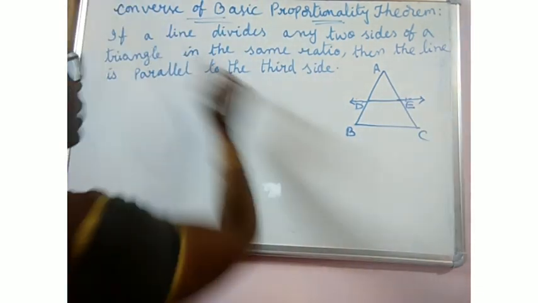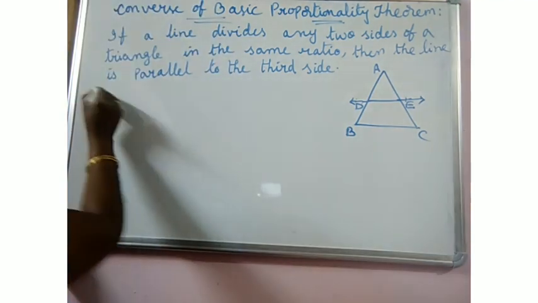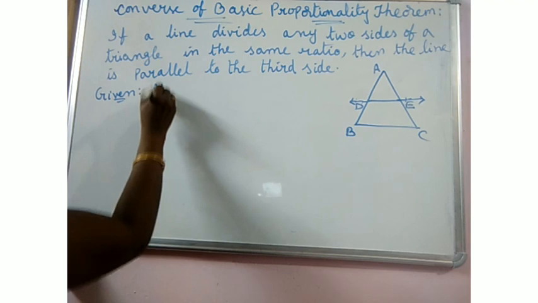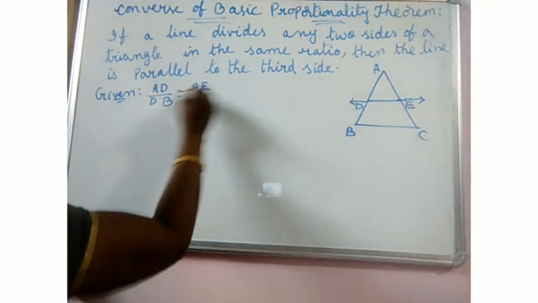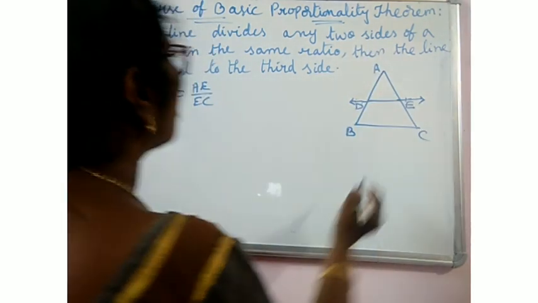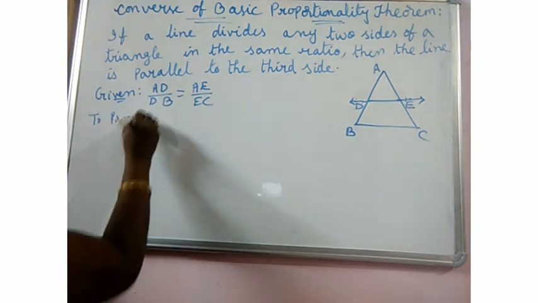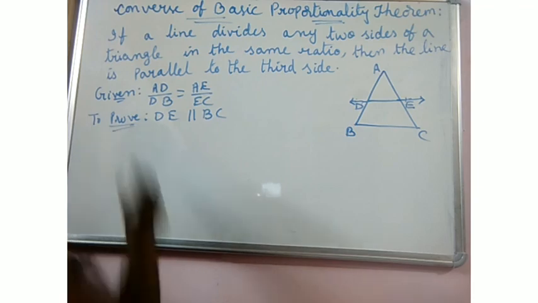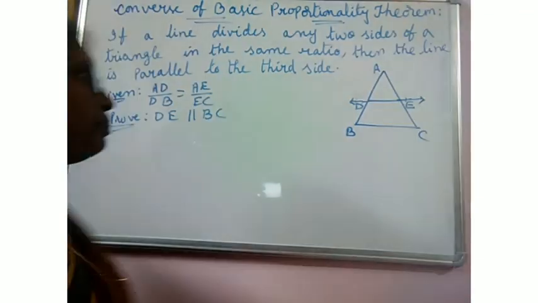What is given to you is, in triangle ABC, AD by DB is equal to AE by EC. Then the line is parallel to the third side. You have to prove that line DE is parallel to BC. This is the converse of BPT, the basic proportionality theorem.